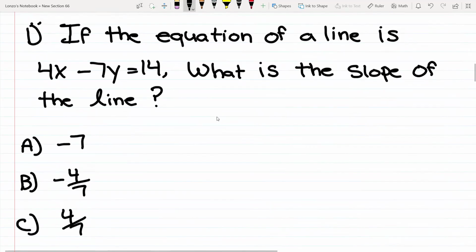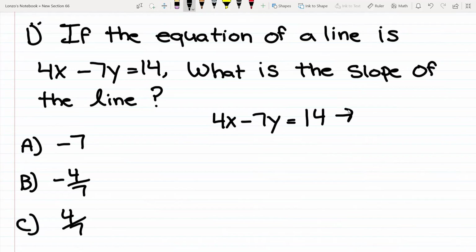So we have 4x minus 7y equals 14. How do you find the slope? What you got to do is convert this into y equals mx plus b form, right? We just got to find the m. We don't care about the b, the y-intercept. That's not relevant.